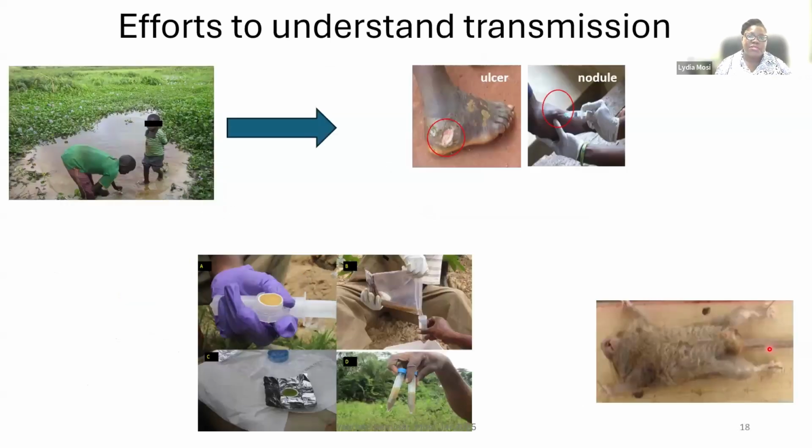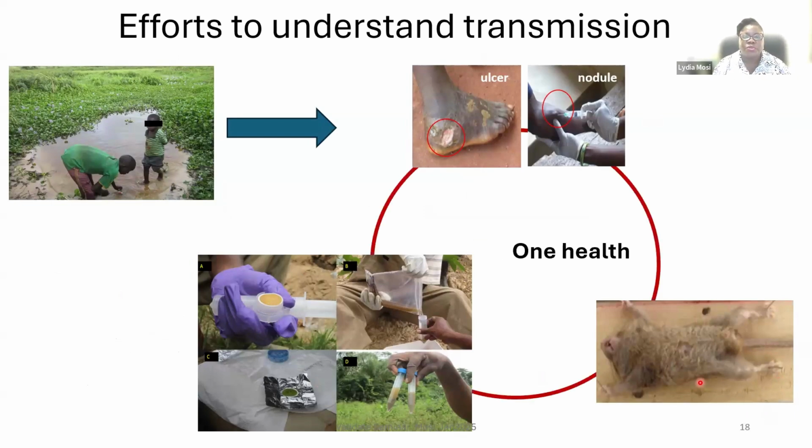Now, in our efforts to understand transmission, we have, in small silos, taken samples from only the ulcer, or we've taken only environmental samples and looked at them to see if you can find Mycobacterium ulcerans there, or we've taken only small mammals. But I think the best way to link all of these things up is if we attempt a One Health approach and formulate our studies to include looking in endemic regions for the presence of the bacteria in the human, in small mammals which live within the vicinity of the humans, and also in the immediate environment of the humans.